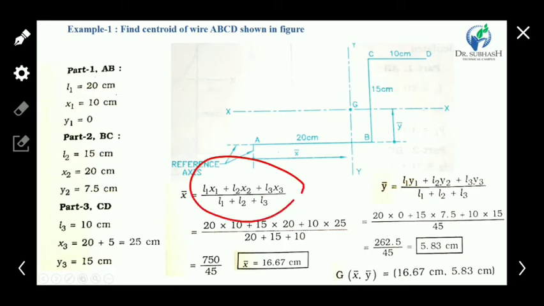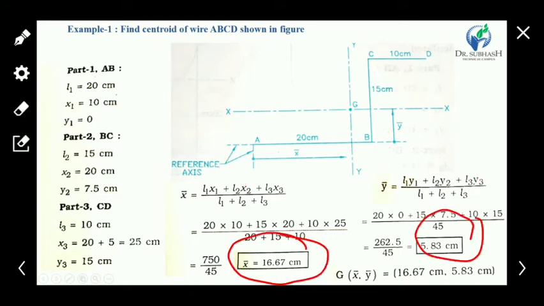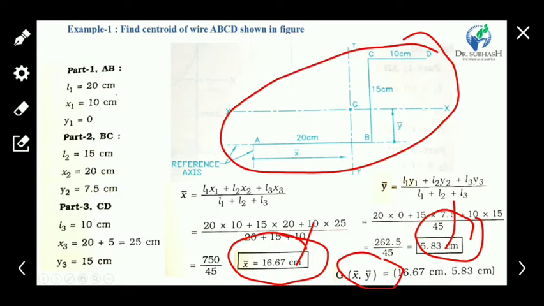Now we have all values for these two equations, so we put all the values in these two equations, and we finally get the values of x bar and y bar, the coordinates of the centroid of this composite element.